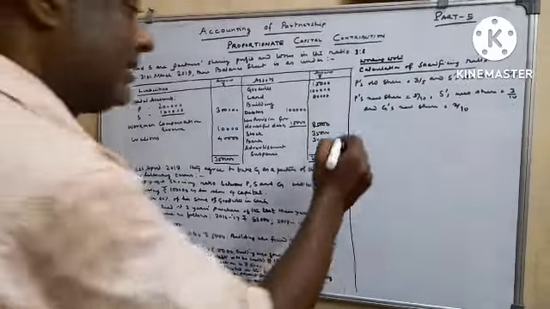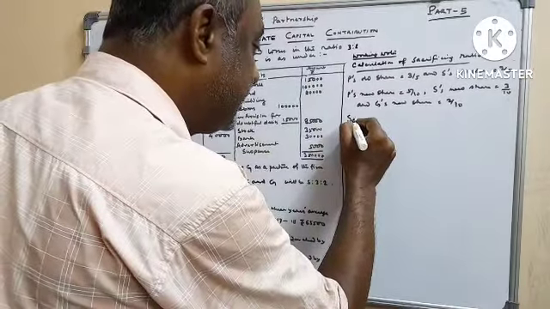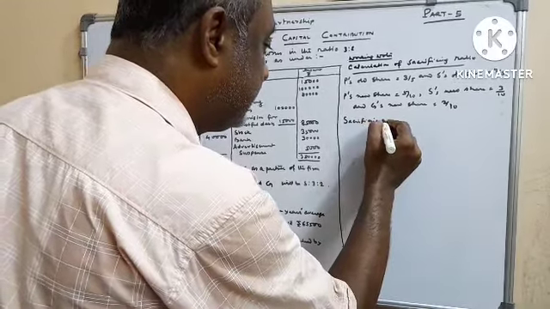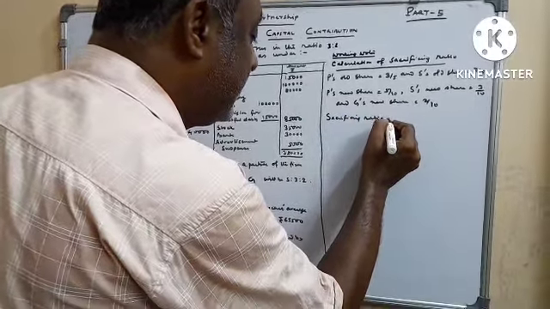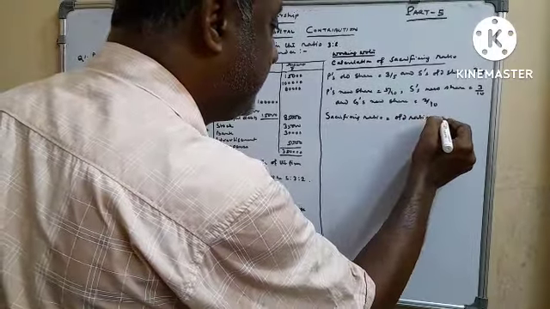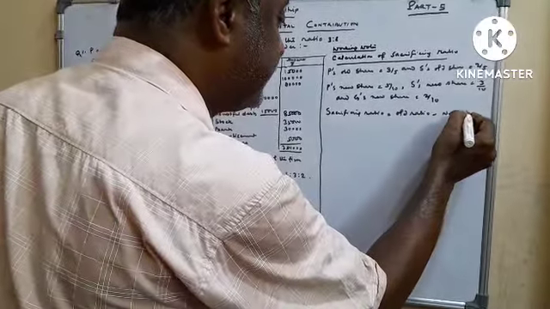Now we know that sacrificing ratio equals old ratio minus new ratio.